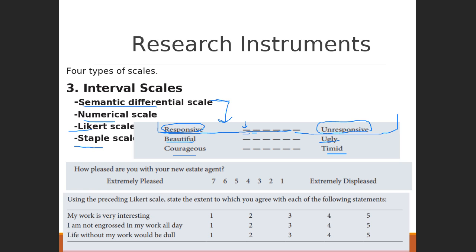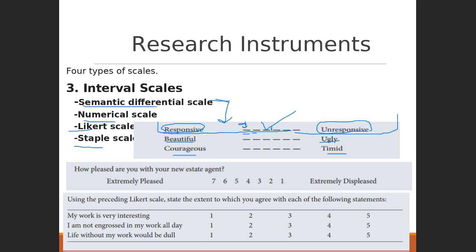For instance, you say that yes, they are responsive, but the response was not that quick, so you may choose this one, which is away from unresponsiveness but not really highly responsive. So you can choose your options depending upon your preference. So this is the example of semantic differential scale.